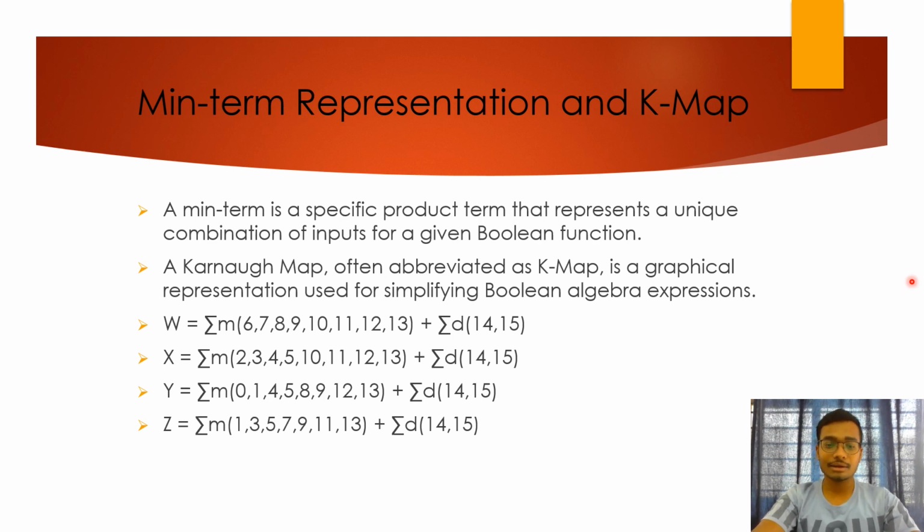So let us see how we can build the K-map for all four outputs, W, X, Y and Z, one by one.